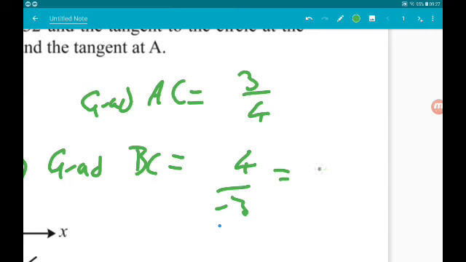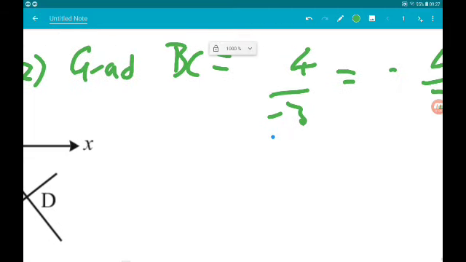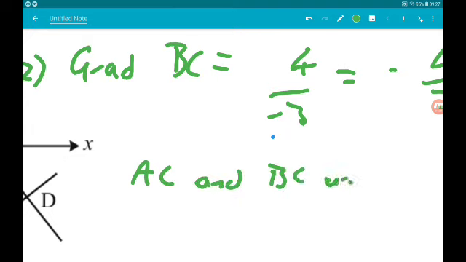So that's minus 4/3. Now, those two gradients multiply together to give us minus 1. Therefore, AC and BC are perpendicular.